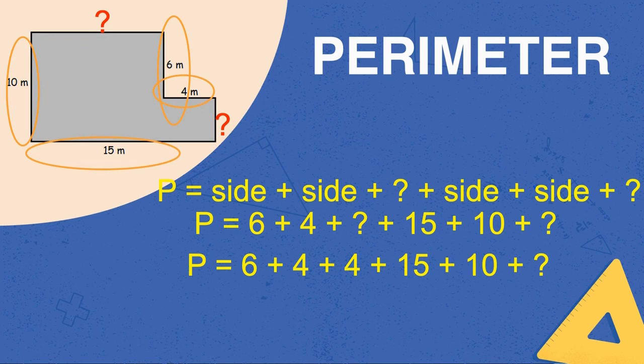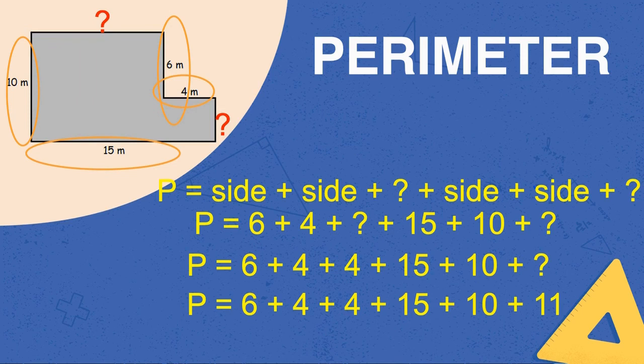When I take 4 from 15, I'm left with 11. So the length of my unknown side is 11 centimeters. My formula should look like this now. Awesome! The only thing that's left for me to do now is, that's correct, add up all the sides. And when I do that, I get a total of 50 meters.